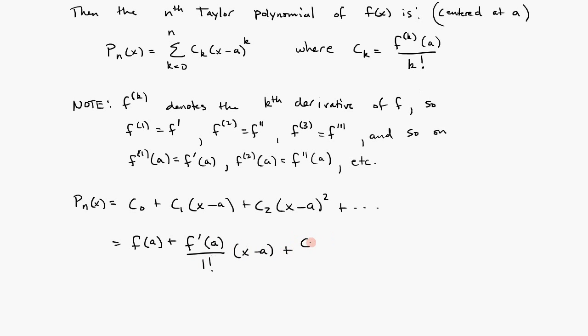And c_2 would be the second derivative of f evaluated at a, divided by 2 factorial, times (x minus a) squared, and so on, until you get to the nth term, which will be the nth derivative of f evaluated at a, divided by n factorial, times (x minus a) to the nth power. So this is generally what a Taylor polynomial will look like.